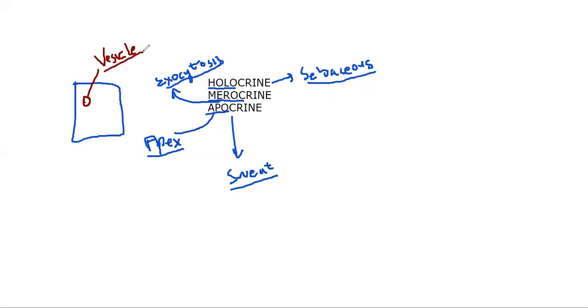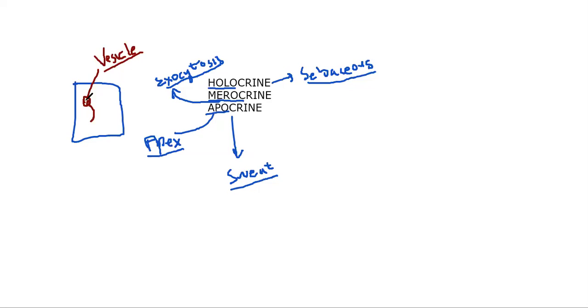This is a vesicle. So what this vesicle will do is that the contents of the cell, right? Let's assume this cell produces saliva. So that saliva will diffuse into the vesicle.